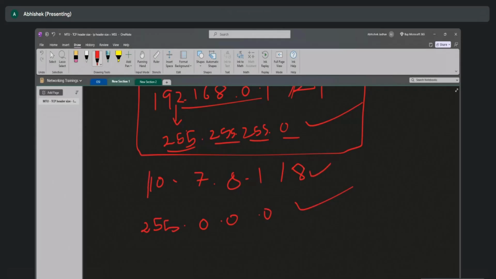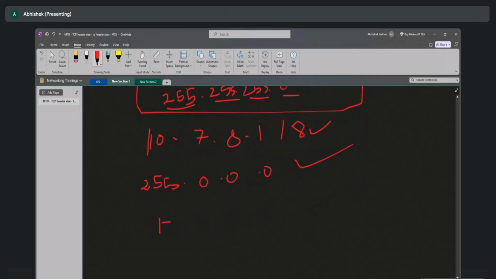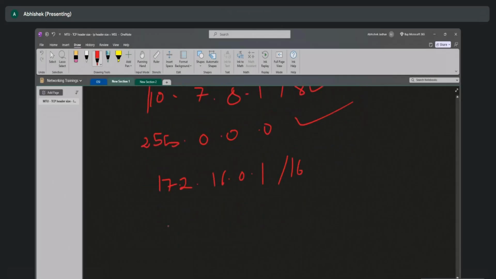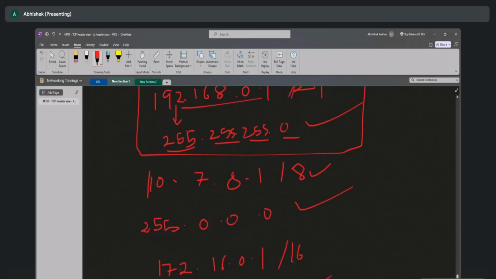So 8 bits we are interpreting as the network. Simple. Now if it is 172.16.0.1/16, what's the subnet mask? 255.255.0.0. Great. That's it.